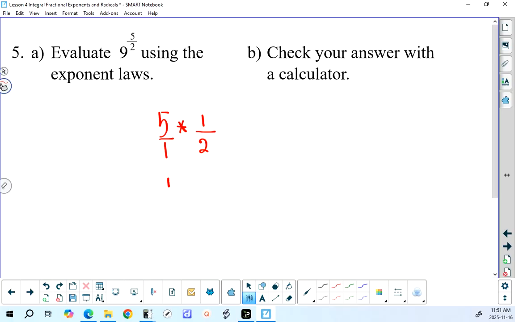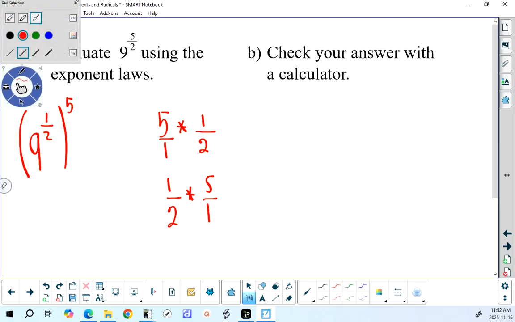We could also write it as 1/2 times 5. Now, why am I talking about this? It's because I can write 9 to the half raised to the 5, and this is the exact same thing as 9 to the 5 halves.